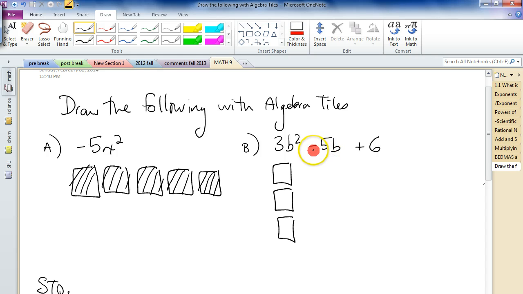Negative, which means red, or shaded in, rectangles. And then plus 6. 6 little squares. Done. Okay.